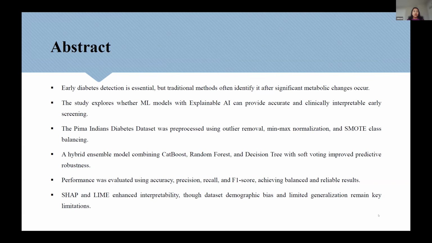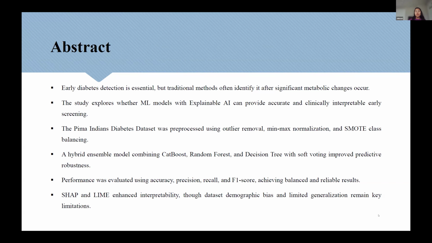And today I'll be utilizing the PIMA Indian diabetes dataset. I'll be utilizing a hybrid ensemble model, which is a combination of CatBoost, random forest, decision tree, and at the end, soft voting across all those models. And we will be evaluating against F1 score as a reliable metric.